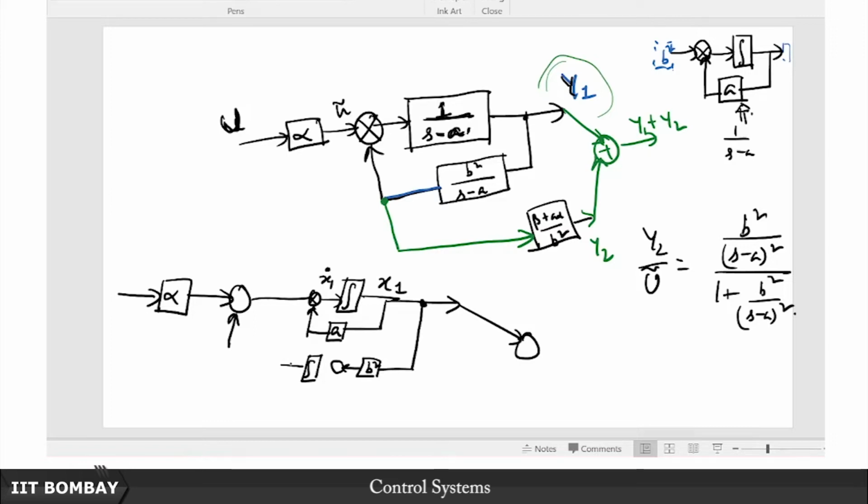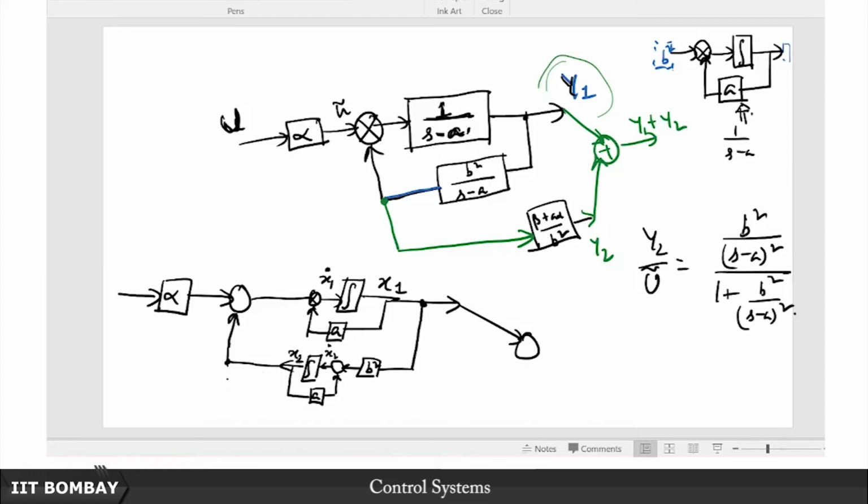So this time this is going to be the output of the integrator, so this is going to be x2 and this is going to be x2 dot. What is going to be fed back in is again that same thing, gain a. So this is basically b squared upon s minus a, and this goes here in this channel.